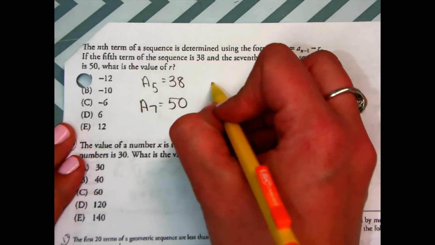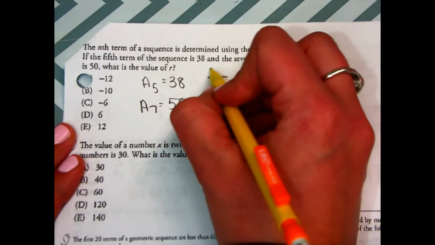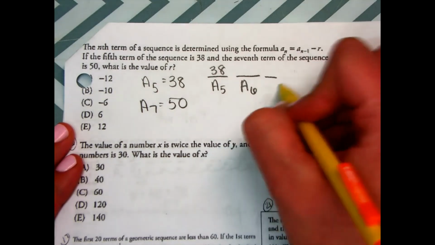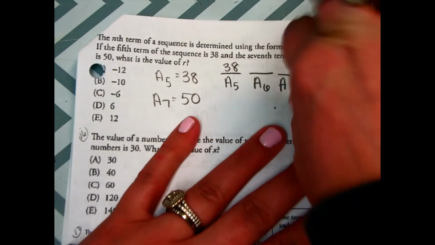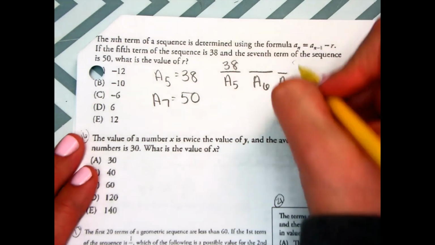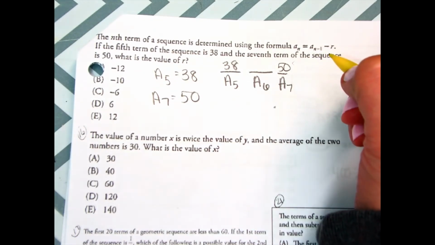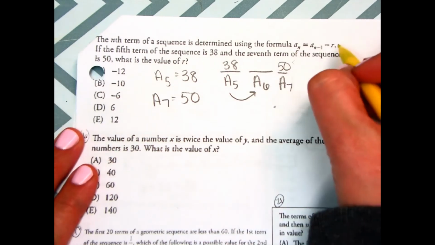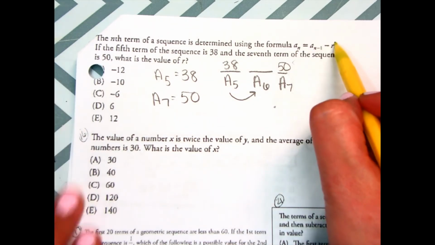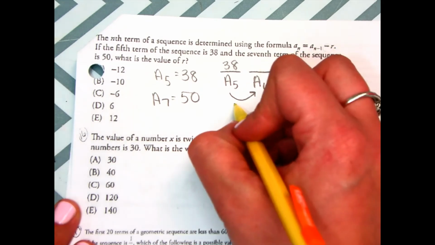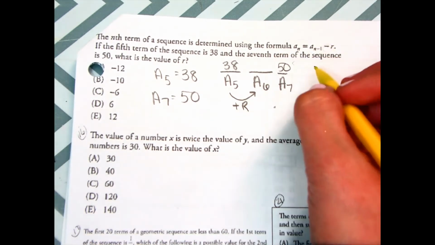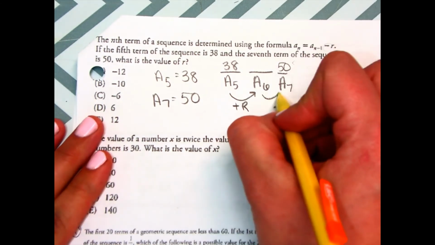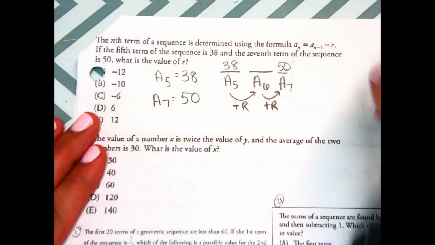So in this problem, we have a 5, which is 38. We don't know a 6. A 7, we know is 50. Okay? So what we're going to do is try to go from here to here. We know that we are subtracting r, it looks like. But in this case, I'm just going to practice adding. I'm adding to get to the next term. Then, from here to here, I'm going to add r again.